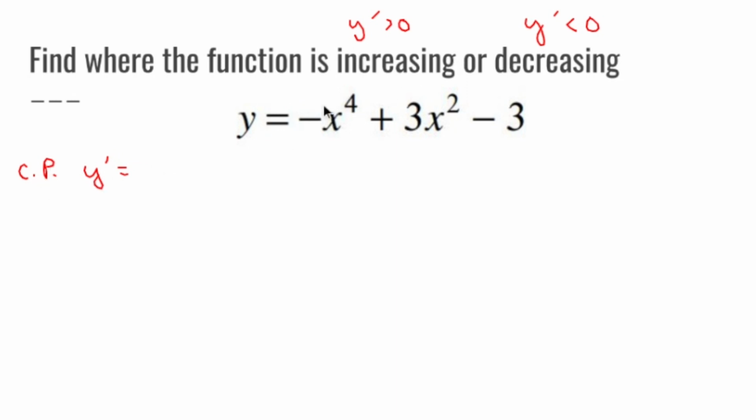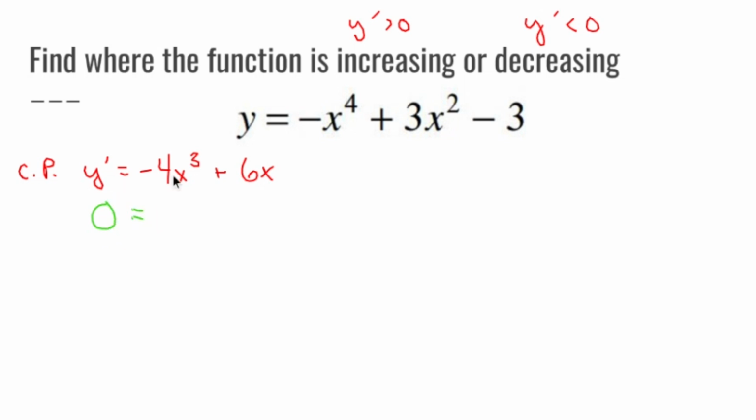So I have to take the derivative of this guy. Negative, bring that 4 down, turn x to the 4th into x to the 3rd. Multiply that 2 to 3, x squared becomes x to the 1st, and the derivative of negative 3 is nothing. Now, in order to find the critical points, I need to set my derivative equal to 0.